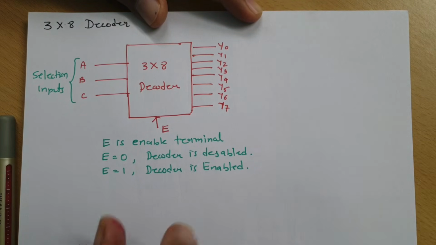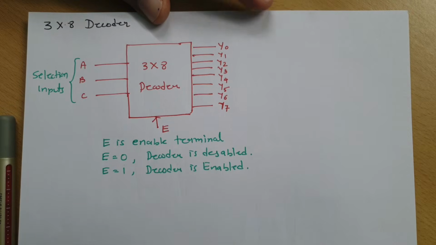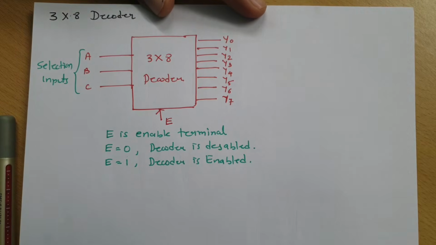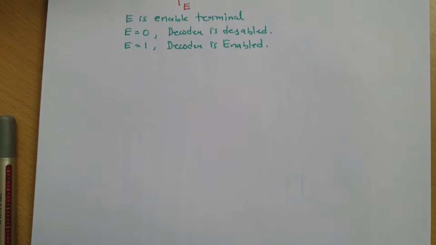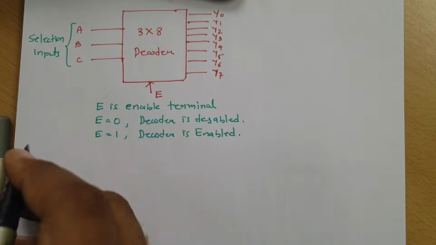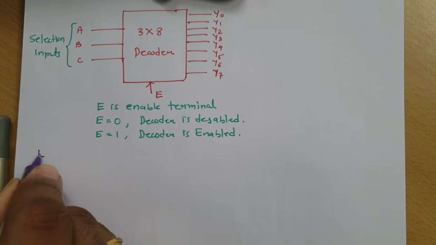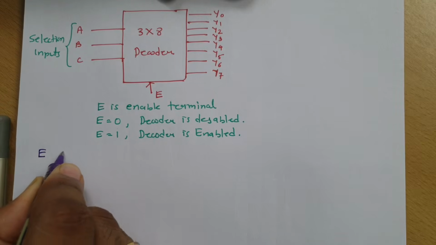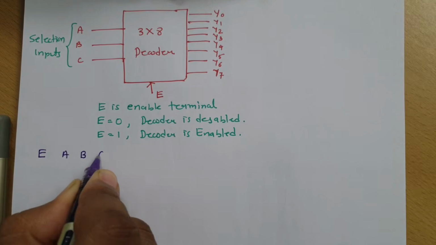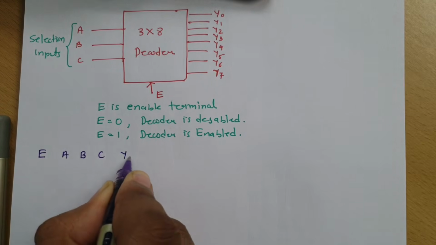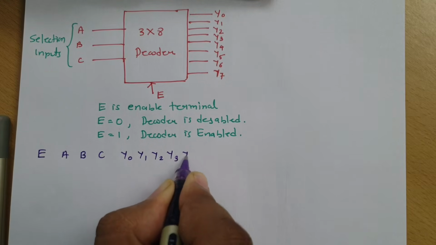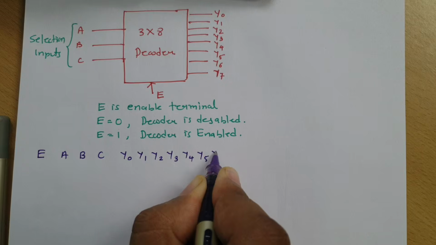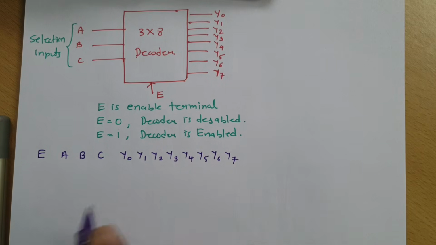Let us try to understand all those things by a truth table, so it will be more clear how we can design the circuit. In the truth table, let us say we have the enable line E, then A, B and C, and then we have outputs Y0, Y1, Y2, Y3, Y4, Y5, Y6 and Y7.